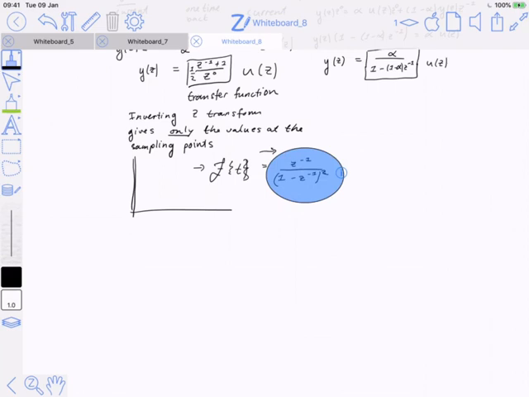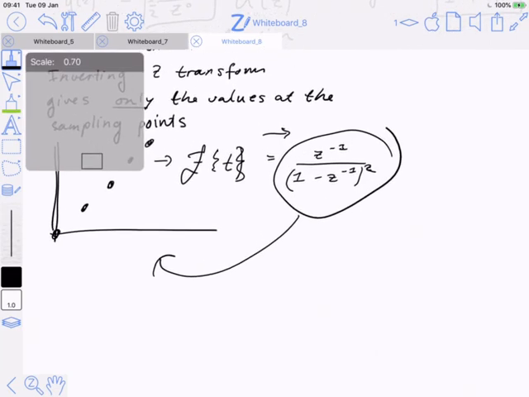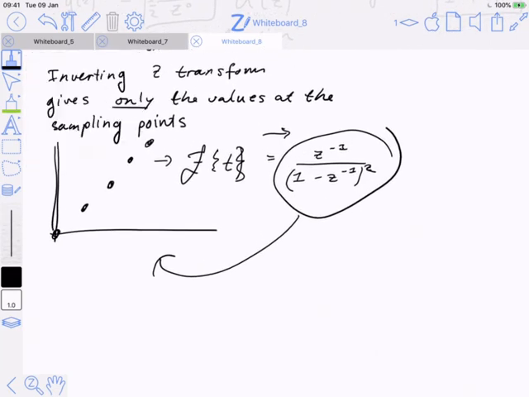But if I have that Z transform, the only thing I can do going back only gives me these points. I'm not allowed to connect the points, because if I invert it, I just know what function values gave rise to that Z transform. I don't know what it looked like in between.